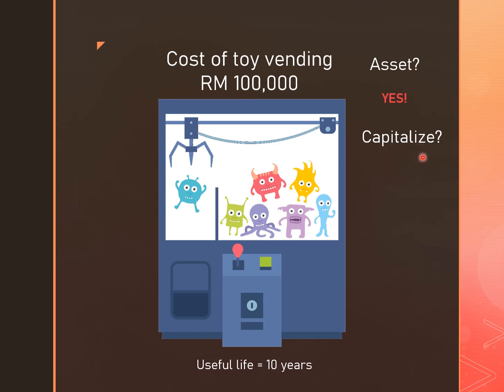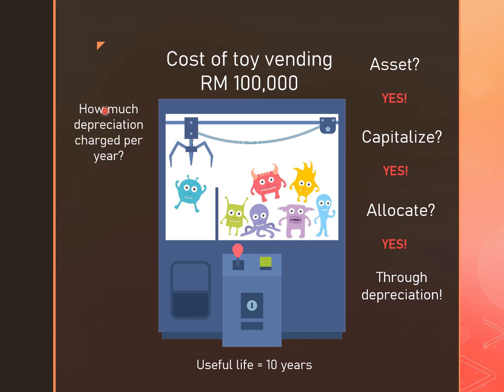Can we capitalize? Since dia asset, so kita akan capitalize. Yes. Next, kita kena allocate tak cost dia over few years? Yes, melalui depreciation. Right? So, how much depreciation charge per year?